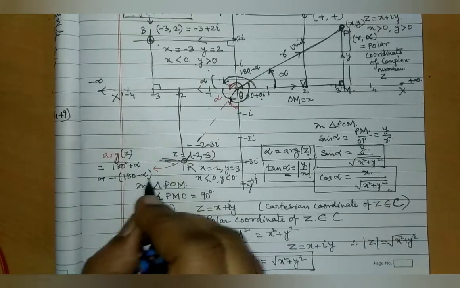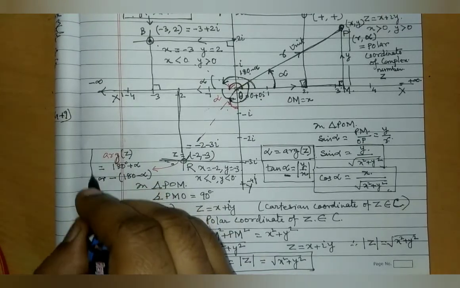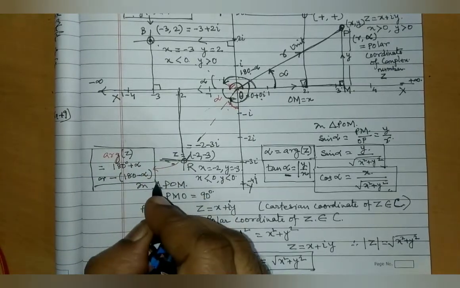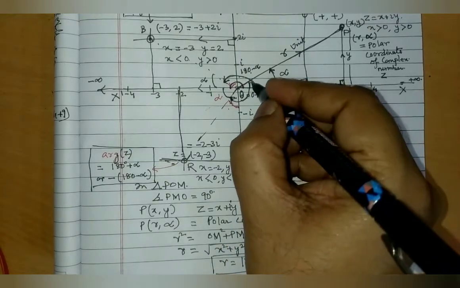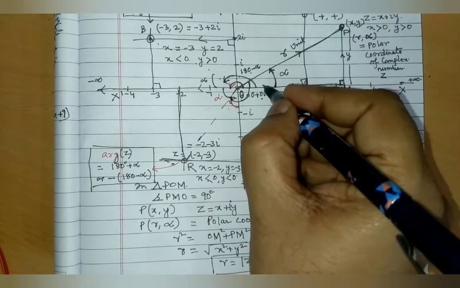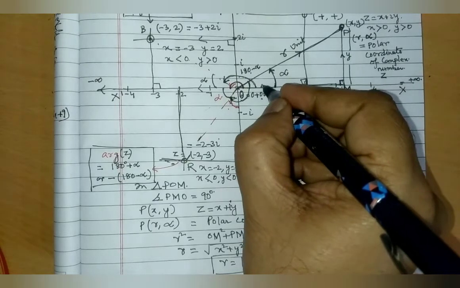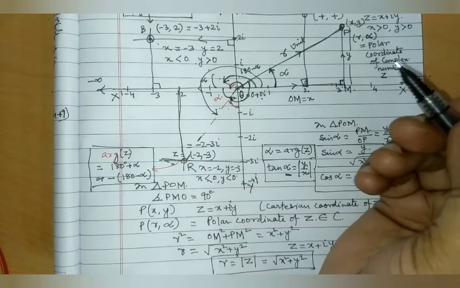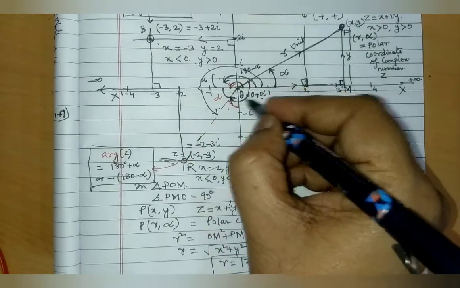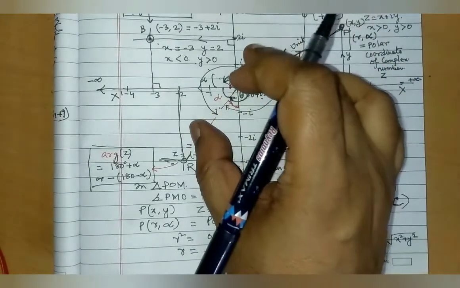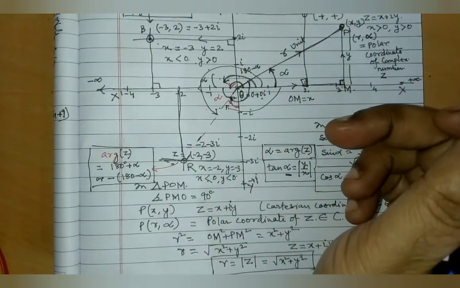From this formula we can find the argument. Both are arguments of the complex number, because this is the negative angle and this is the positive angle. If we draw this angle, it is the positive angle, and if we go in this direction, it is the negative angle. Both are arguments of the complex number z.